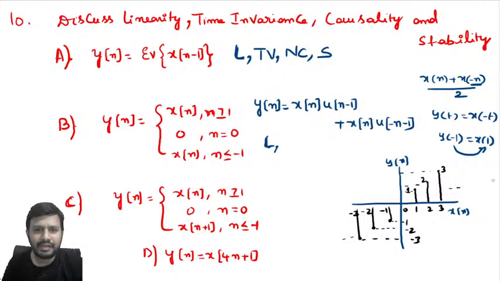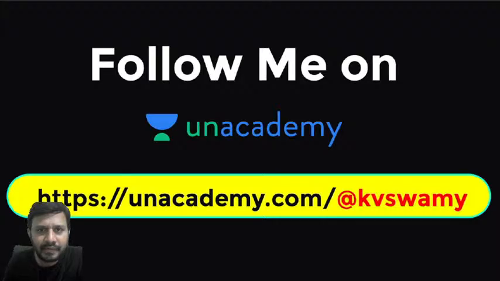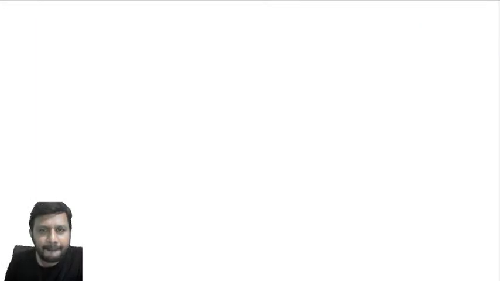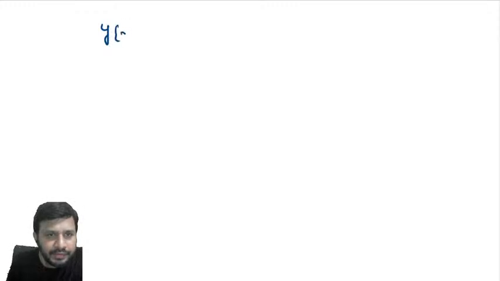Next, time invariant or time variant. So here, first of all, delay only the input. Observe here. Let me do it in the next slide. y of n is what again?